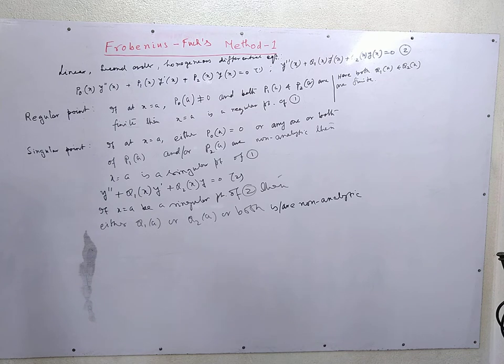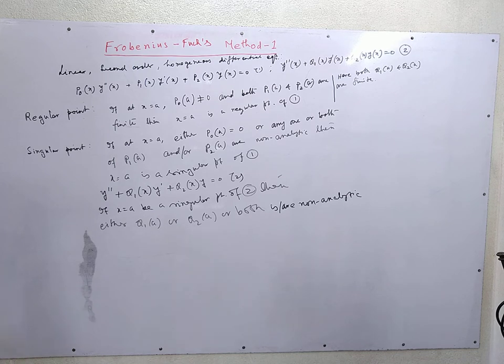If the point under consideration is a singular point, then there are two types of singularity. One is called the removable singularity. Another type is called non-removable singularity.